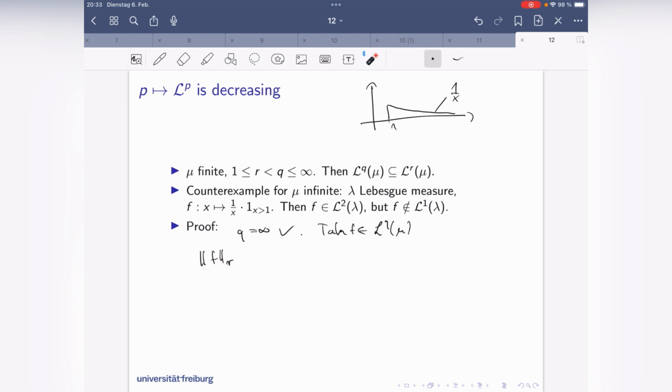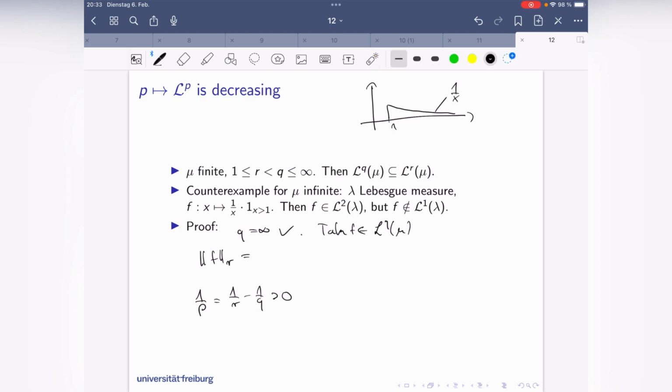And R is a bigger number than Q, which means I can have something like 1 over P equals 1 over R minus 1 over Q, which is bigger than 0. Let's look at this. Q is bigger, so 1 over Q is smaller than 1 over R. So this here is a positive number. And since this is a positive number, I find a P such that 1 over P is bigger than 0.